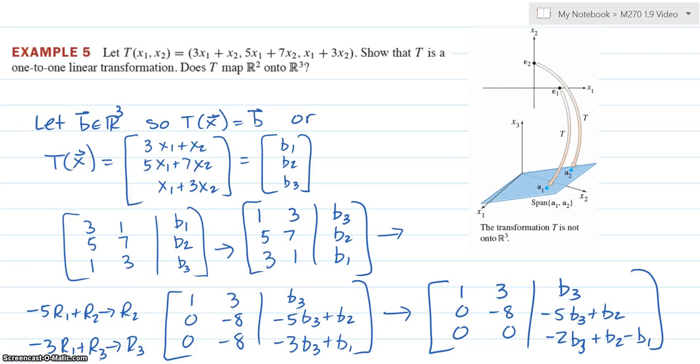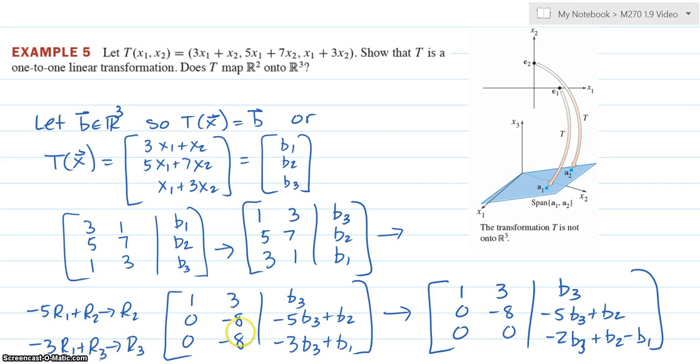So I'm going to do the onto first. Here's the solution to example 5. I'm going to let B be in R3. The same thing, so T of x equals B. I just rewrote T of x in matrix form, and with the B1, B2, B3, I want to solve this. I want to show that B1, B2, B3 are consistent for all B. I interchanged row 1 and row 3 there, and then I got the zeros using these rules right here.